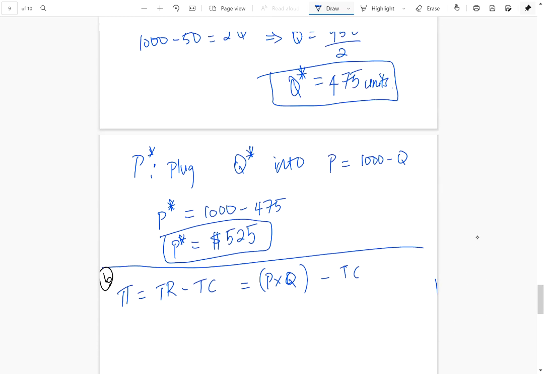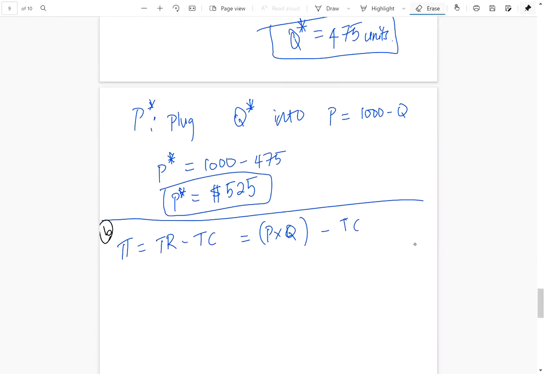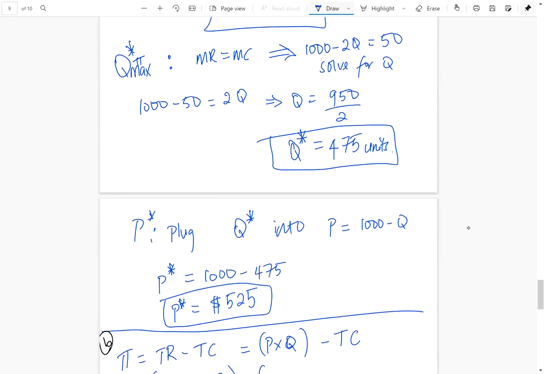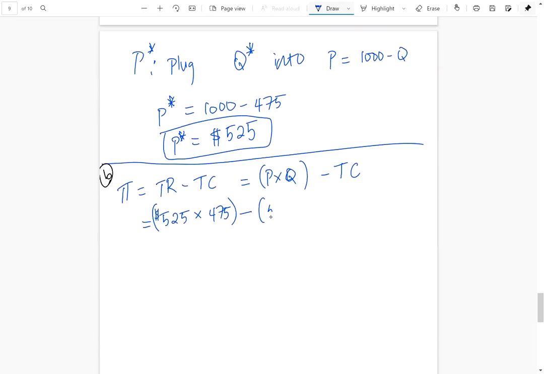We already know what that is, but let's just plug numbers in. So this would be equal to P of 525 times Q of 475 units, minus the total cost function, which is, remember from the question, 500 plus 50Q. So that is minus 500 plus 50 times, but we know what our Q star is, so we can plug that in, 475.